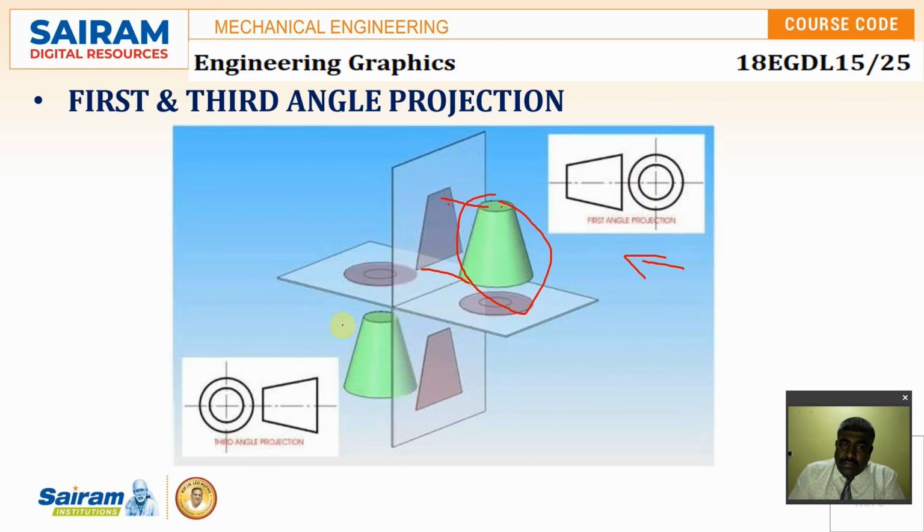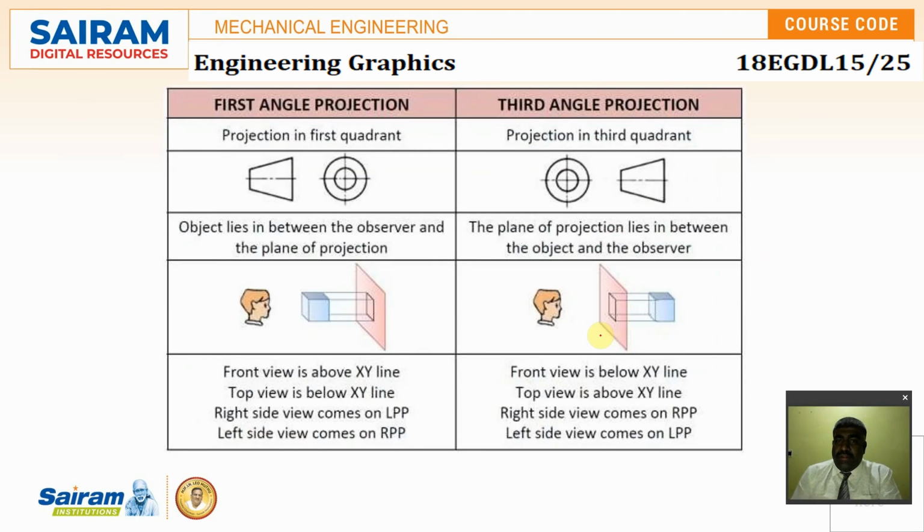When I assume the object is in the third quadrant, I observe from here, and the screen will be in between the observer and the object. So I go for the backward projection. These are the differences between the first and third angle of projection.